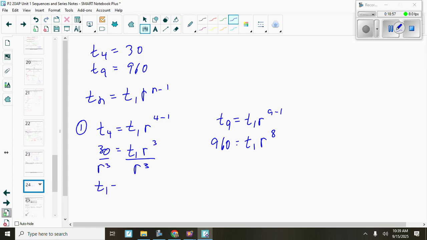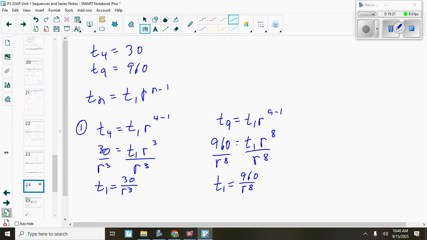So T1 here is equal to 30 over r to the power of 3. Can you see why this would be a lot more work than just drawing out your terms? I just wanted to show you that you could do it. And the other is 960 over r to the power of 8. Now you have 2 different representations of T1.